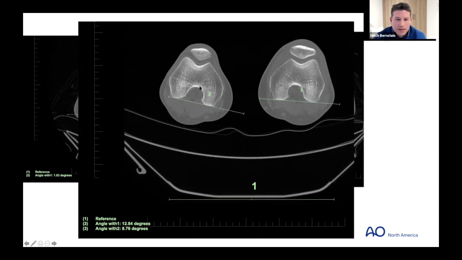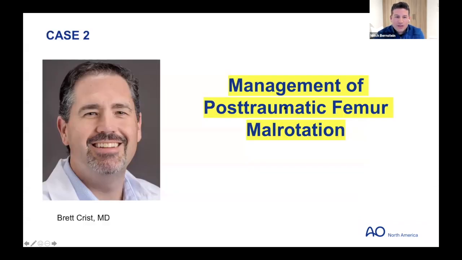You can see this femoral condyle is internally rotated, which means he has some anteversion, and this one is externally rotated, where he has some retroversion or retrotorsion, as Dr. Christ will call it. So we're going to turn it over to Brett, who's going to go over a case of how to fix post-traumatic femoral malrotation, which is really good to know how to do and how to diagnose, because I can tell you we're causing a lot of malrotation, and I think it's symptomatic. I'll just say that.